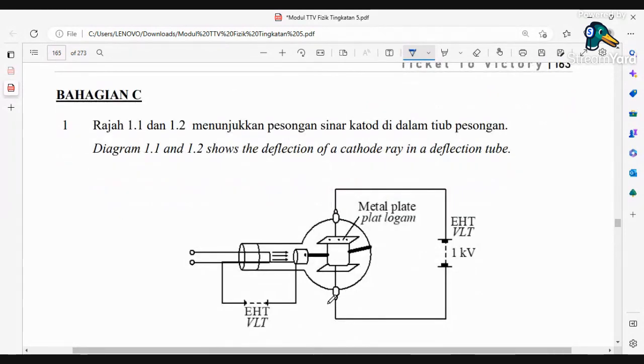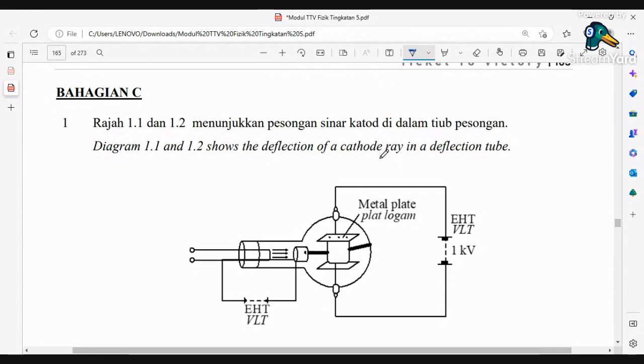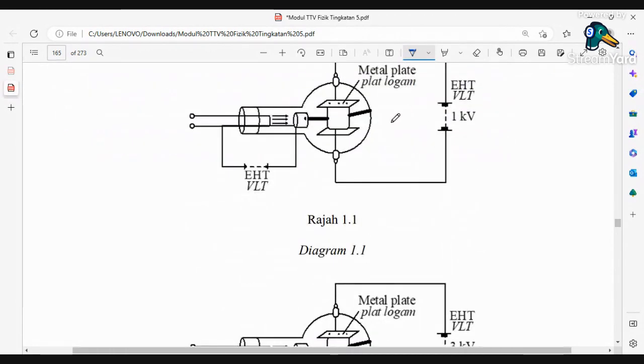Okay, section C. Okay, diffraction of cathode ray, deflection tube.